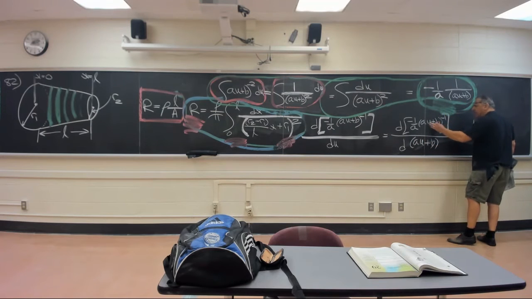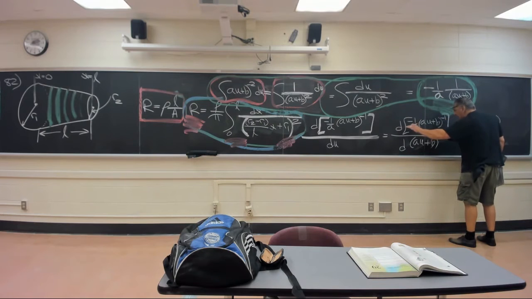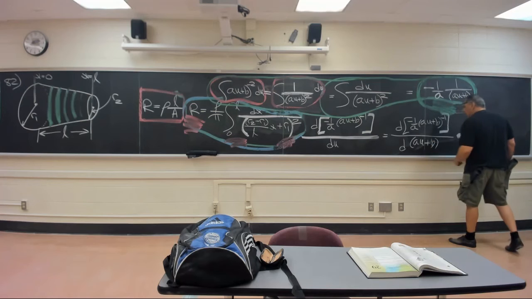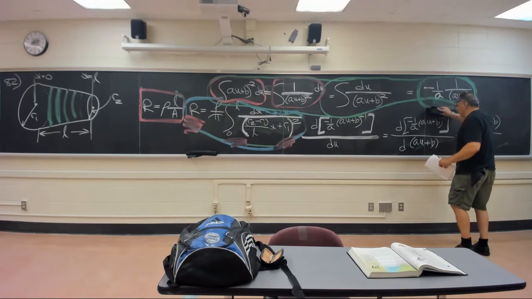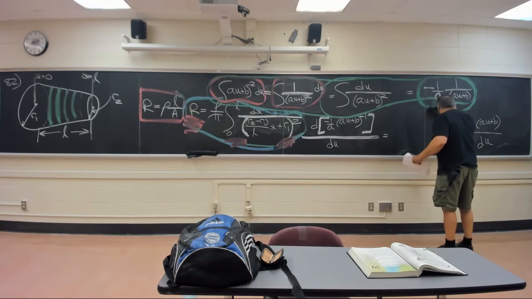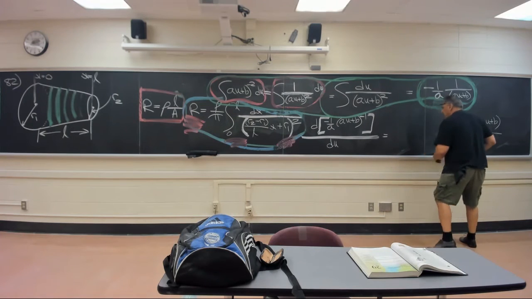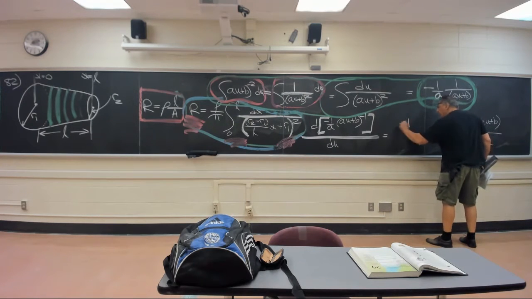Well, that just becomes an X right here. The negative 1 comes out of there, and you subtract 1 from the negative 1, you get negative 2, and you've got AU plus B to the negative 2 times negative 1 times negative 1 over A. So this part right here, the negative 1 comes out of there.